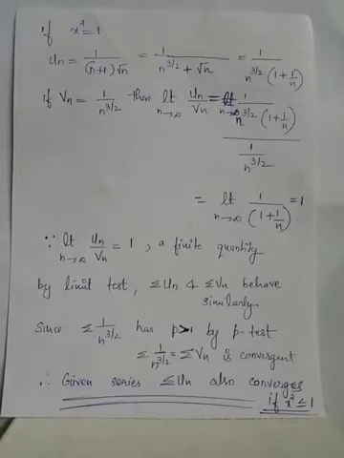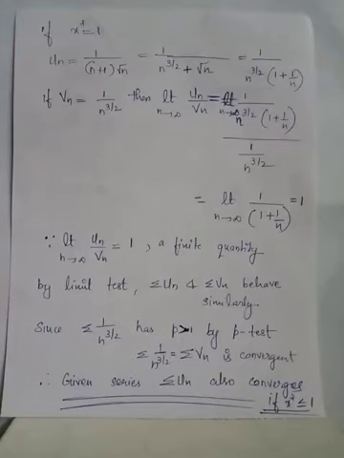We could have written x raised to minus 2 equals 1, but it is equivalent to writing x square equals 1, because x raised to minus 2 is equal to 1 by x square. Therefore, x square equals 1 and 1 by x square equals 1 are equivalent expressions.